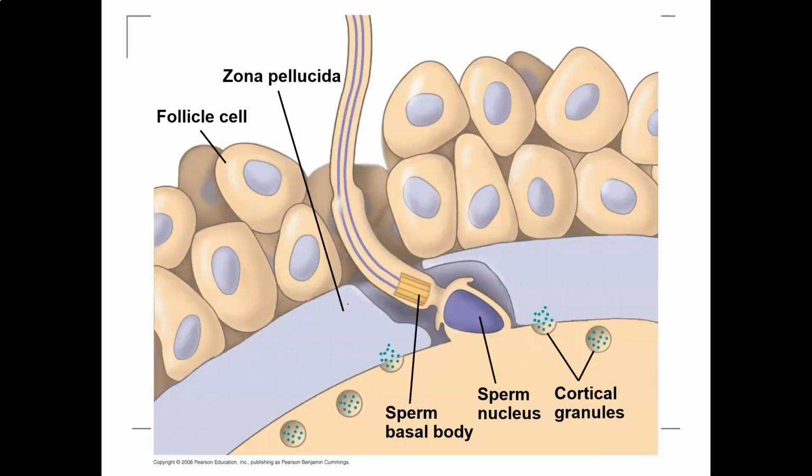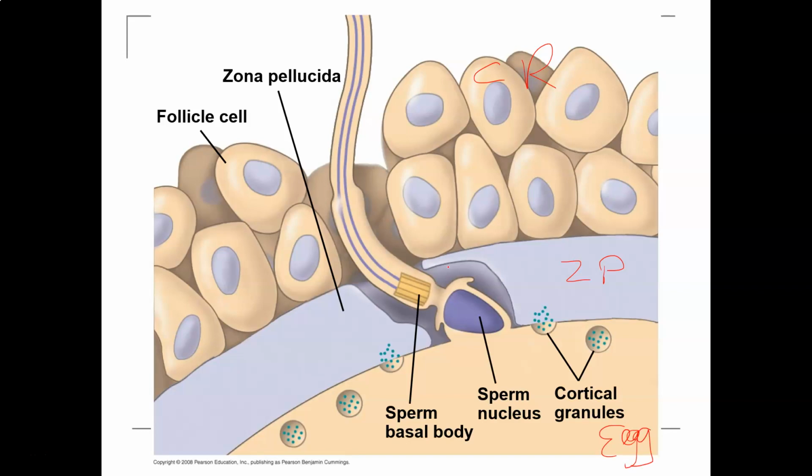What's behind this is that, if you recall, in the head of the sperm there was a sac of enzymes that the sperm need to get through this layer out here around the sperm. So this is the corona radiata out here, these cells. Here's the zona pellucida we were talking about, and then here's the egg.